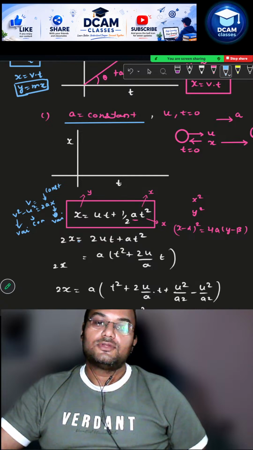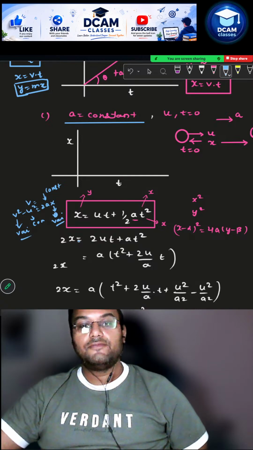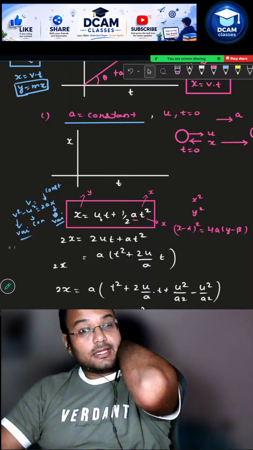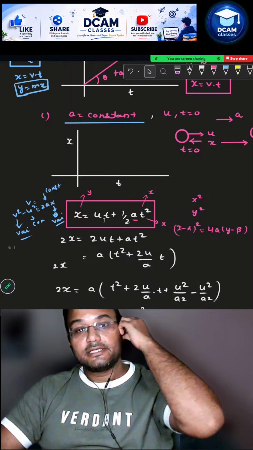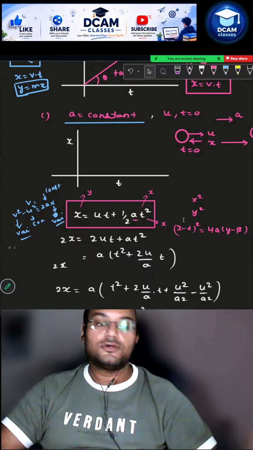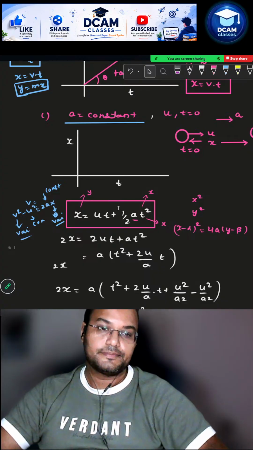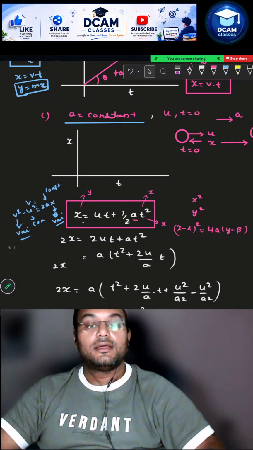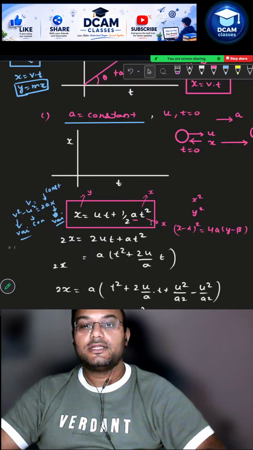So that we are not going to use. And we want the x versus t graph, so I need to take that equation in which except x and t, everything is constant. So x is equal to ut plus half a t square.